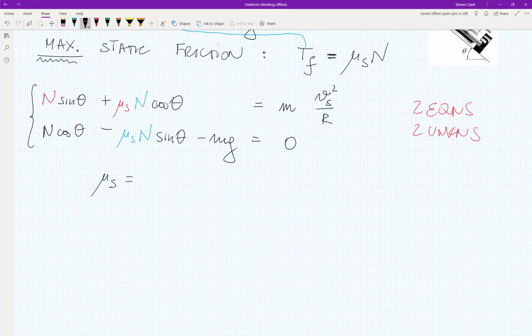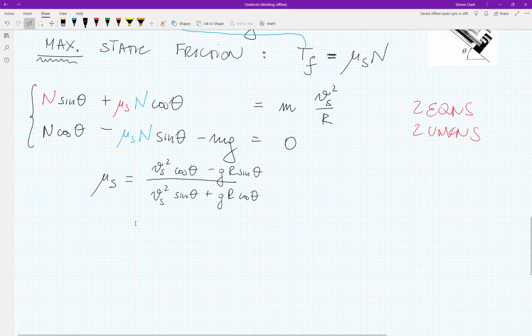Mu s is equal to Vs squared cosine theta minus gr sine theta divided by Vs squared sine theta plus gr cosine theta. This is the expression I obtained yesterday. And now I just have to plug in values and grab my calculator and find it.